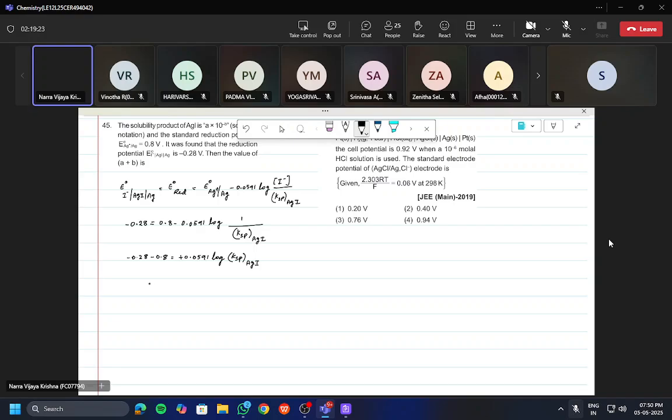So I am writing this as minus 18.27 equal to log Ksp of AgI. Therefore, what is Ksp of AgI? Equal to 10 power minus 18.27. I can write it as 10 power minus 19 into 10 power 0.73.